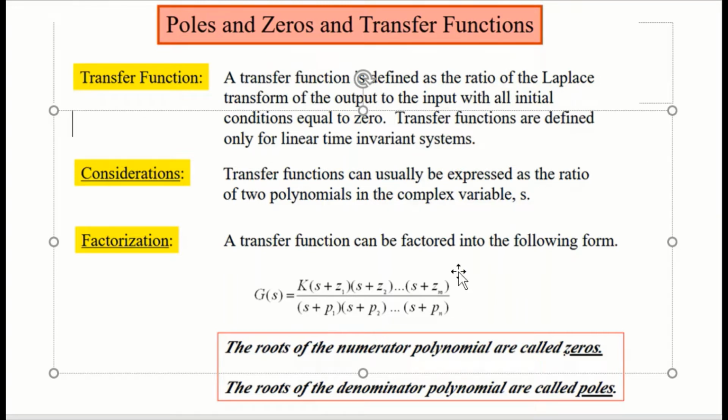The top line now factorizes into a series of factors, and the bottom line factorizes as well. In this particular case, we've considered them to be first order factors, but you could have second order factors as well. You can't have third order factors. The things at the top are called zeros, and the things on the bottom are called poles.